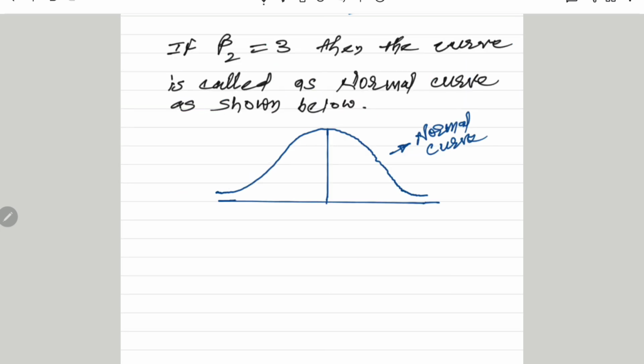If we have the value of beta 2, means the value of kurtosis, as 3, then the curve is called a normal curve, as shown in the figure given below. This is the figure of that normal curve, where the value of beta 2 is 3.